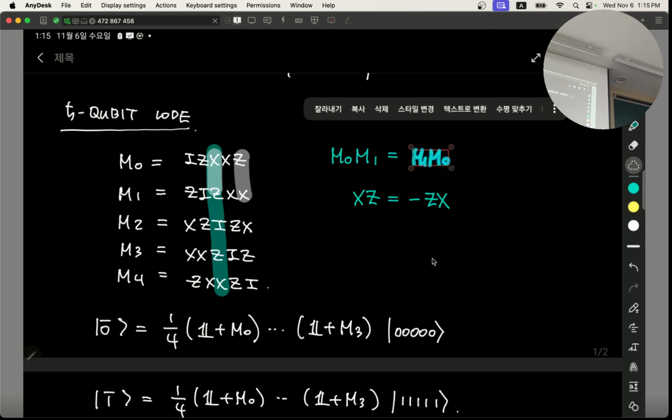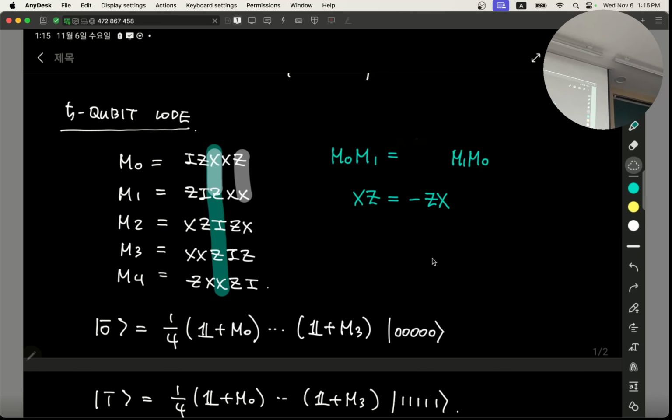The same thing for these M gates here. These are the same. I can just erase everything here. So Mi, Mj is the same as Mj, Mi.